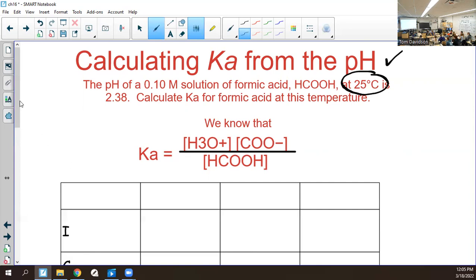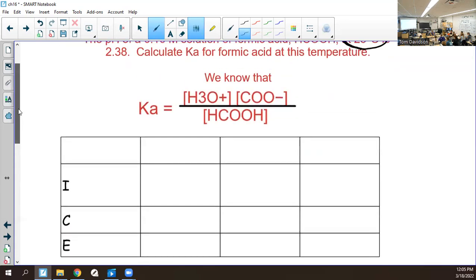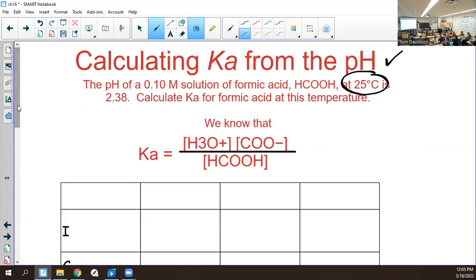Need a nice table for this? I can't remember if we need a nice table for this. So I have the initial concentration. You all right with that? So we'll pretend we do.